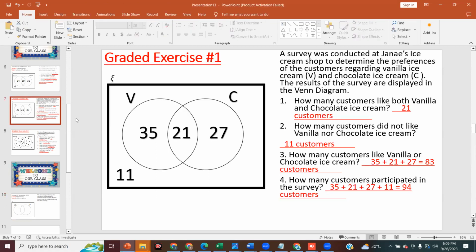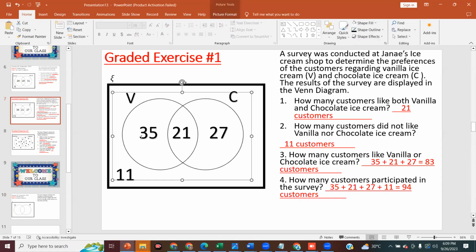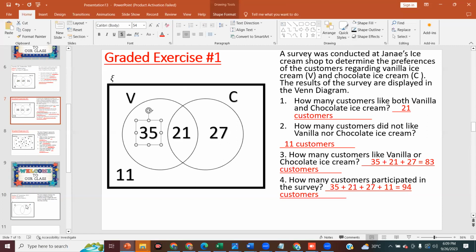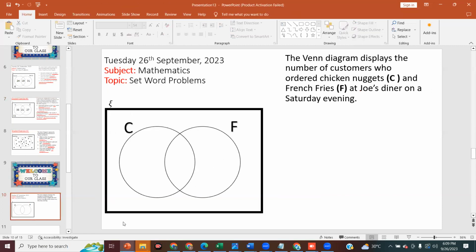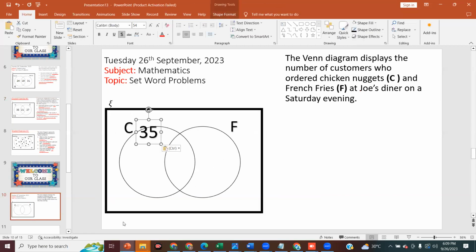So let's put some numbers in these things. Let's say that for chicken nuggets we have 30, 34. No, let's say we have 31, sorry.